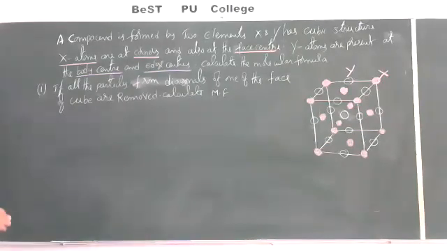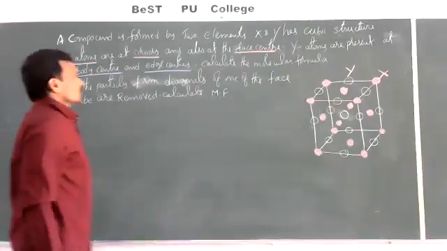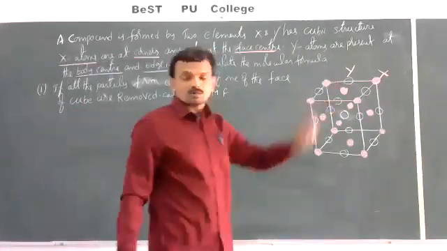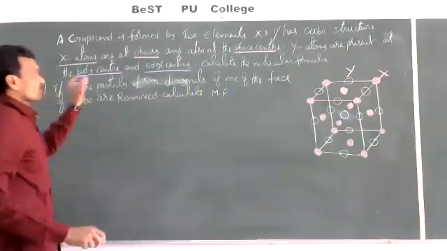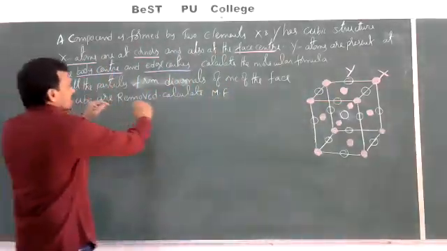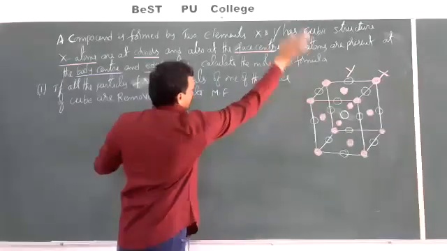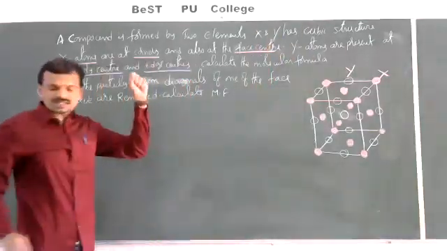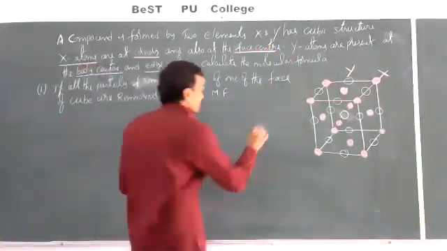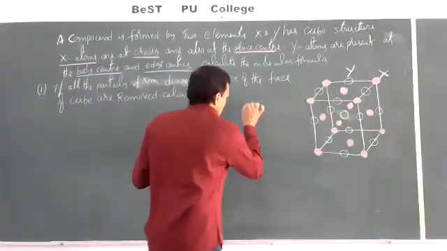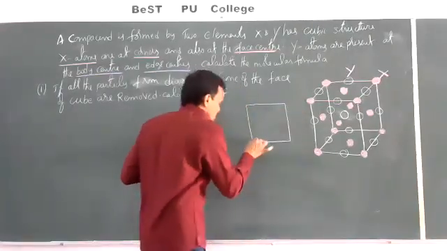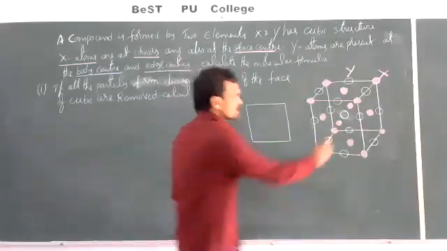Right, now see here the question. This is the second application for the same question. If you have removed all the particles from the diagonals of the face, not the body diagonals, face diagonals, means first I will select the face here. What are the particles present on the face? First I will represent here. This is one face.